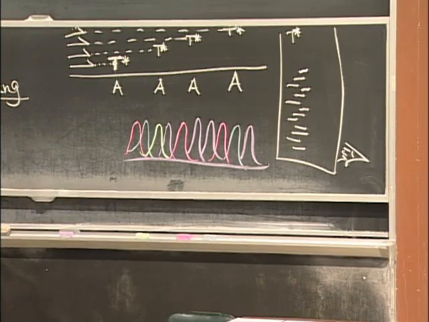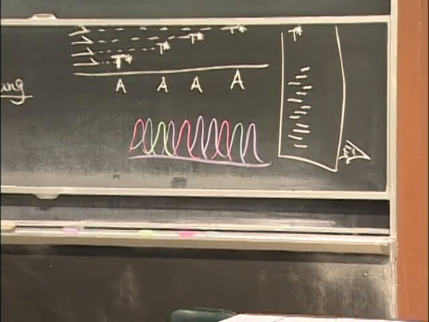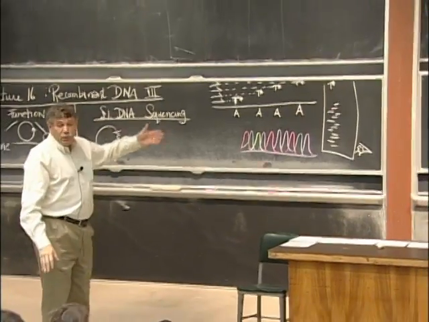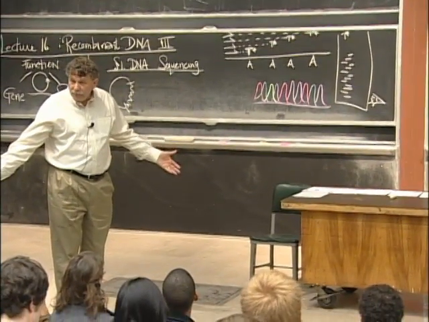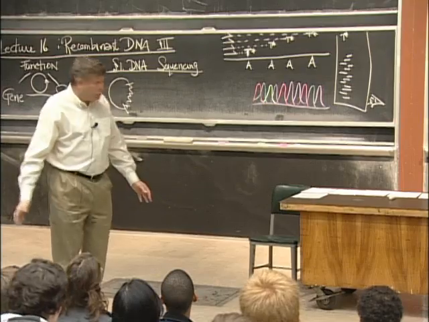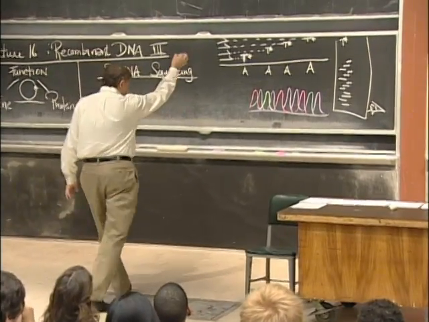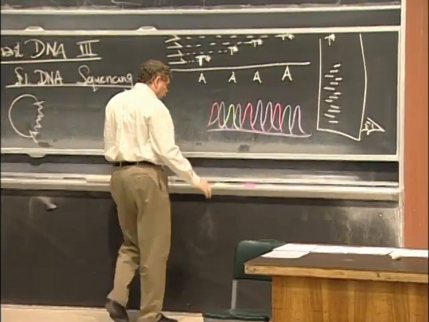And you'd see colored traces like that emerging from that electrophoretic detector, and you could read off the sequence by the colors. Really very gorgeous, very simple, beautiful technology. All this taking place in a little capillary tube.